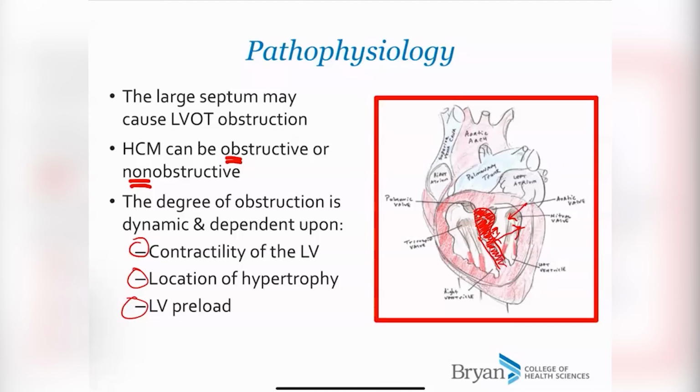Or if you think about situations where you have a lot of blood loss happening, or dehydration of an individual, all of these situations are going to decrease the amount of preload that you can actually get into the left ventricle. And when that happens, that positions the interventricular septum closer inward and causes greater obstruction during that time.